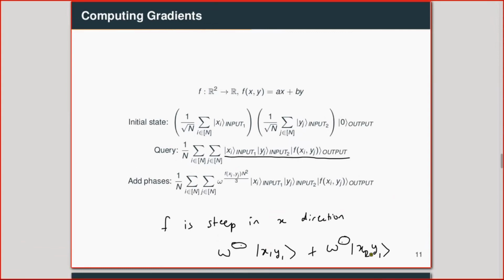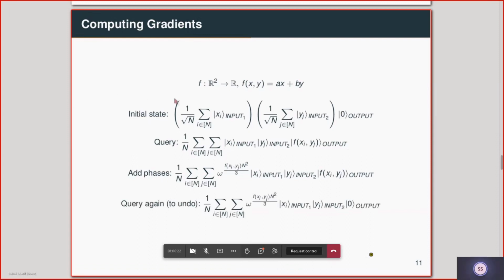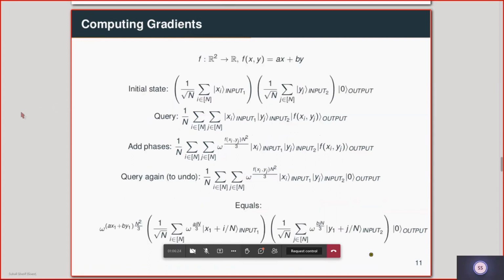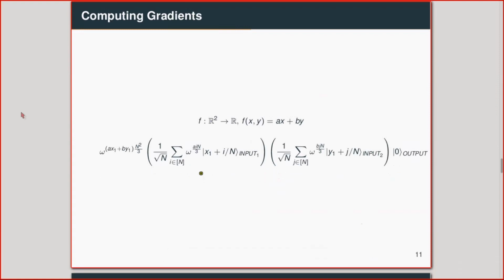Okay. And I'll probably send these slides if you're interested in seeing how the calculations work out. But what you finally get is this. You'll finally get a state which is summation omega to the something depending on a, where a is this value over here.